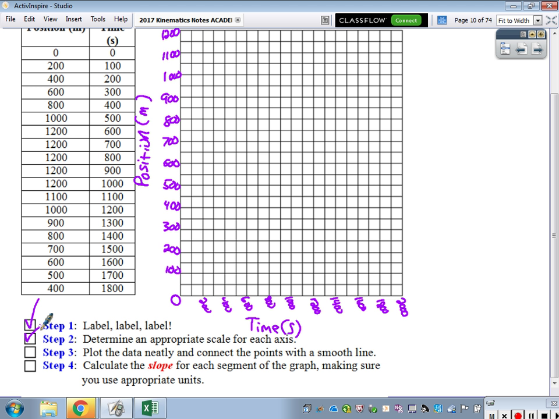Okay? All right, step number 3, we're going to do on our own because I believe you are intellectual human beings. Okay? Follow your data set. Make sure we're plotting things according to the correct axis. Okay? But you're going to plot your individual data points, then connect everything using a straight edge ruler.